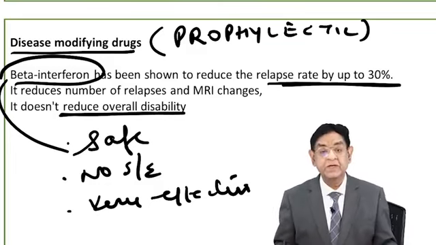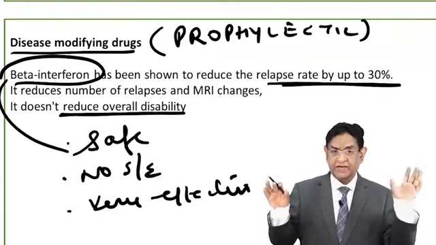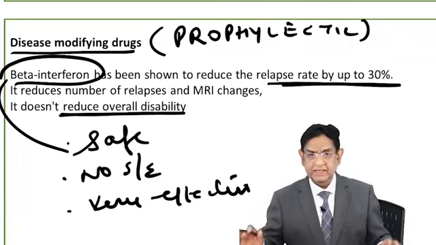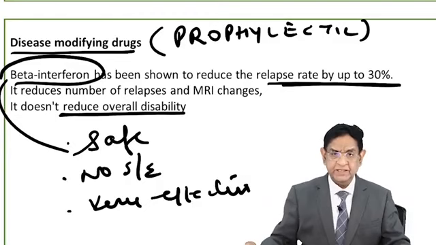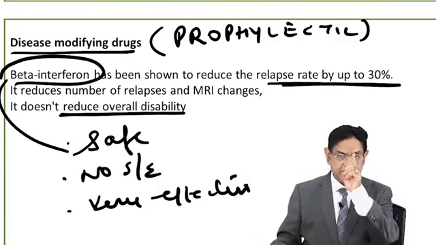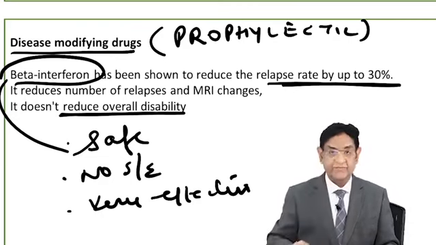The problem has to occur in due course of time, but definitely much later. It will simply prolong the onset of the problem. So the drug that we use for prevention of relapse is beta interferon.